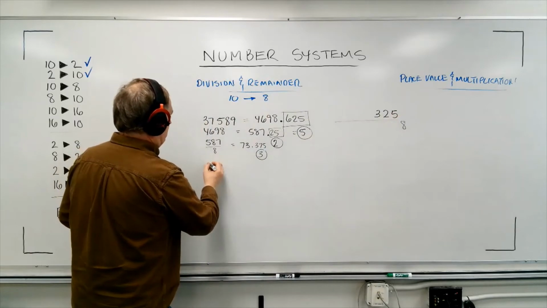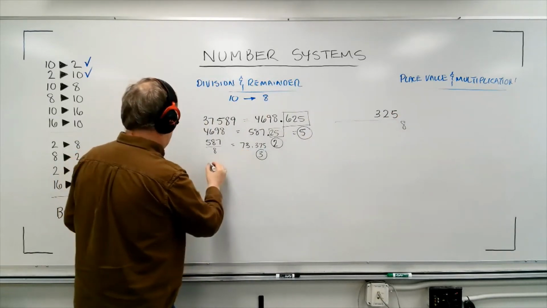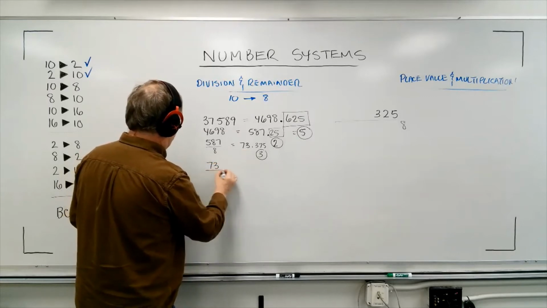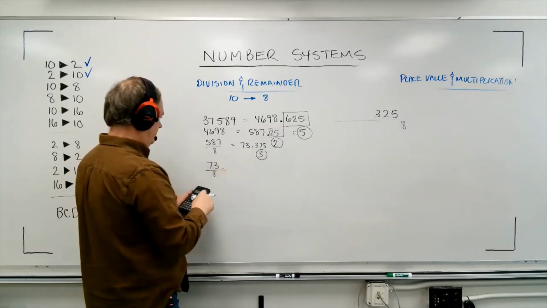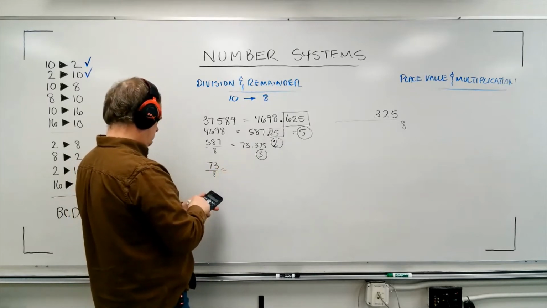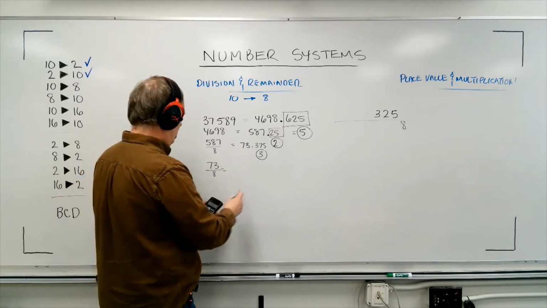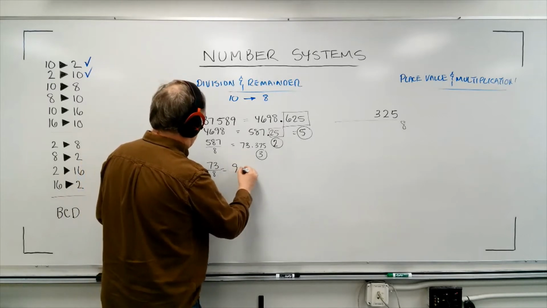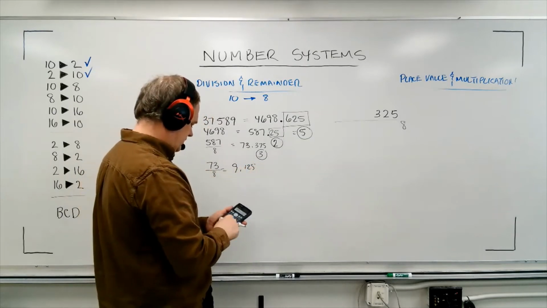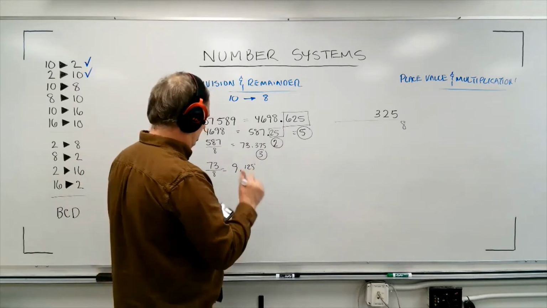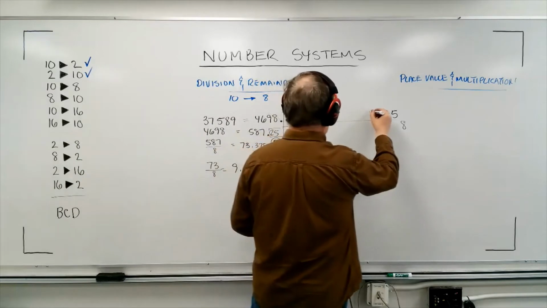Now, I want to take my 73, and I want to divide that by 8. And this equals 9.125. Now 0.125 times 8 is actually 1. So that means that 1 is actually my remainder for this one. So there's a 1.